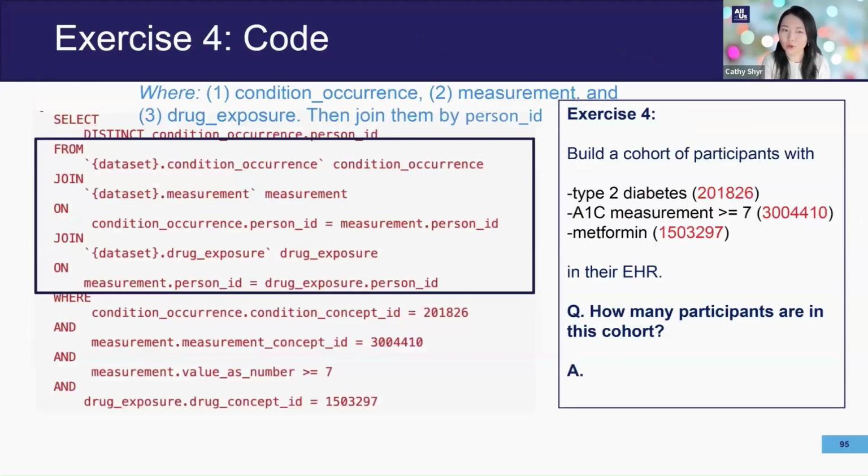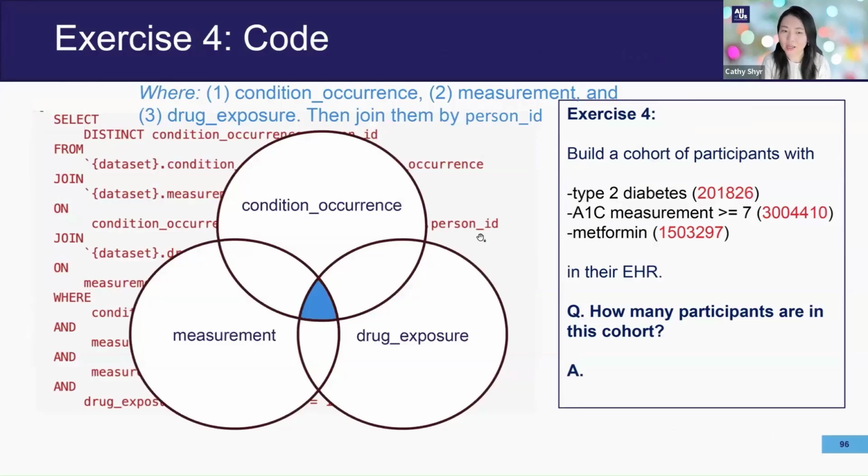So here in the code, we're joining the 3 tables and looking at the intersection of the 3 tables. As a side note, SQL does have different join commands, for example, left join, inner join, outer join. But if we just use the shorthand join, that's actually using an inner join, where essentially we're looking at the cohort participants who have an entry in the condition occurrence, the drug exposure, and the measurement table.